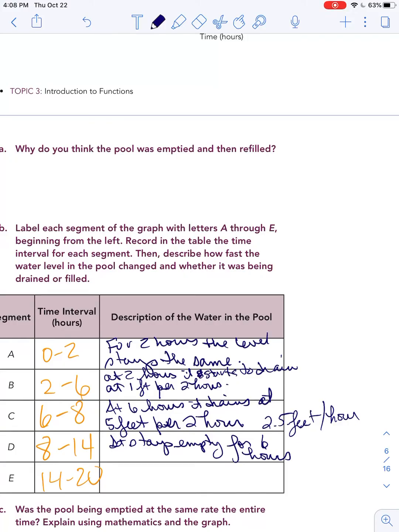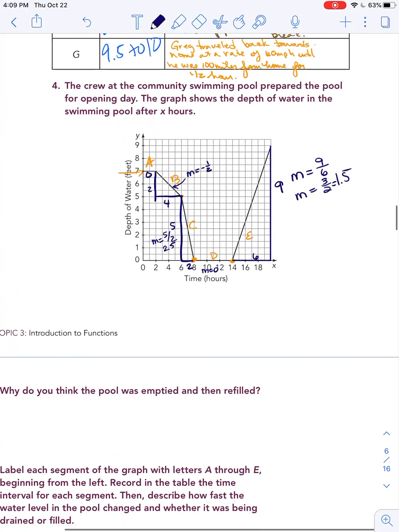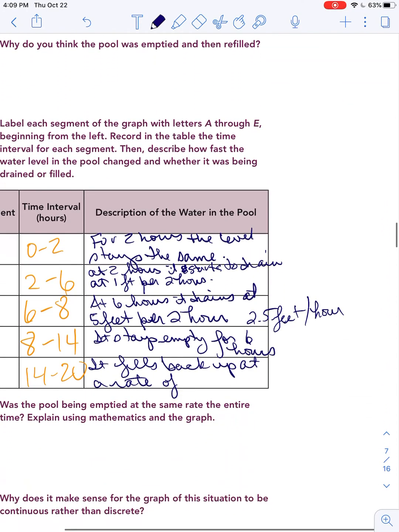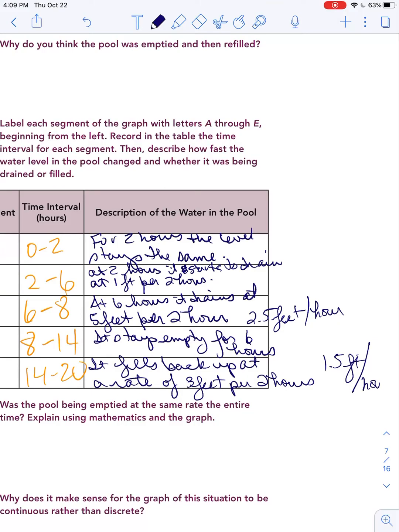And then last but not least, it fills back up at a rate of 3 over 2. 3 feet per 2 hours. But isn't it better to say 1.5 feet per hour?